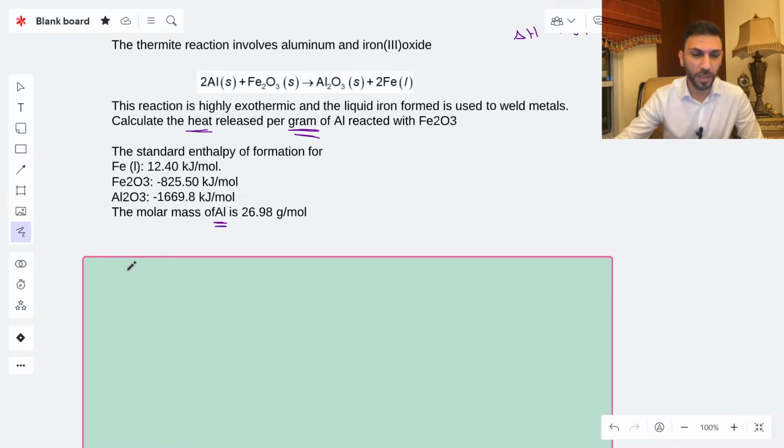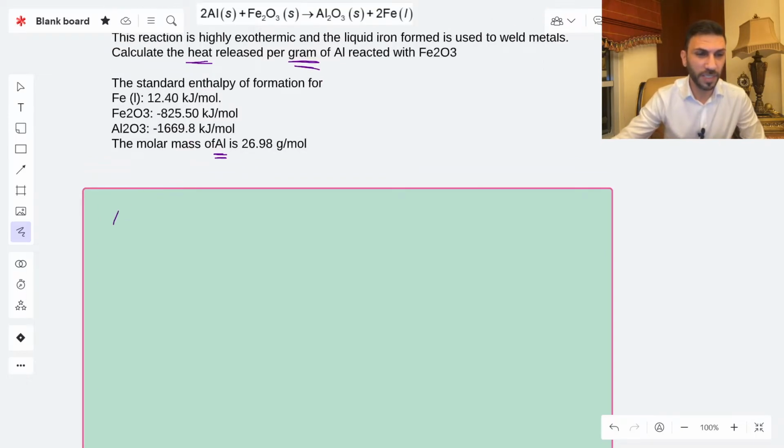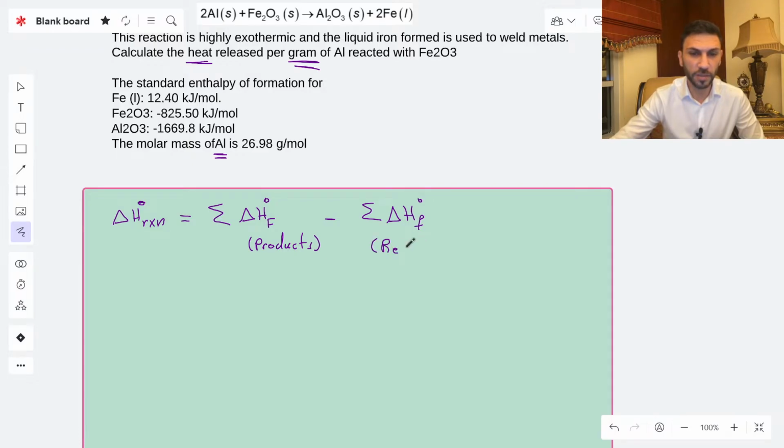We have this equation, which is delta H for the reaction. It equals the sum of all delta H's of formation of the products minus the sum of delta H formation of the reactants.